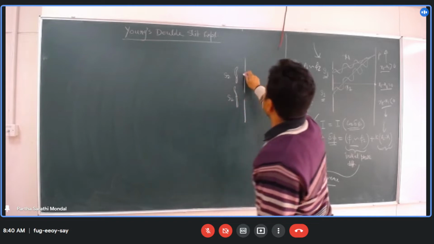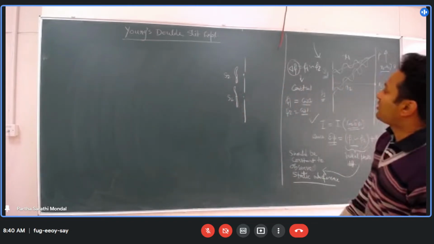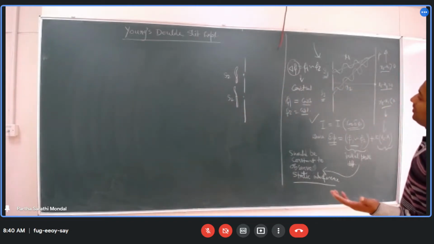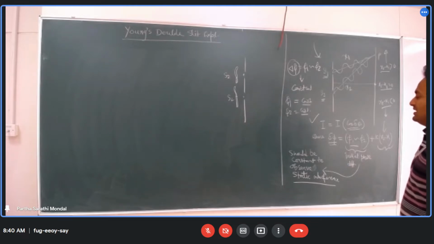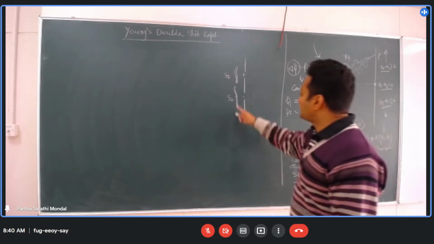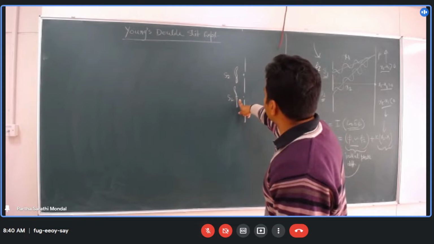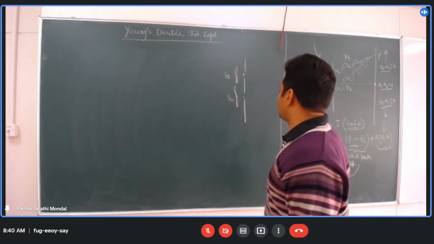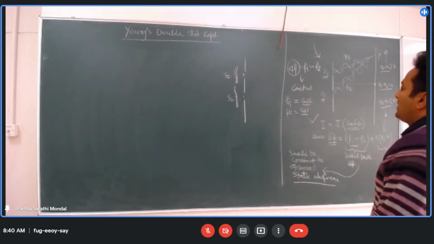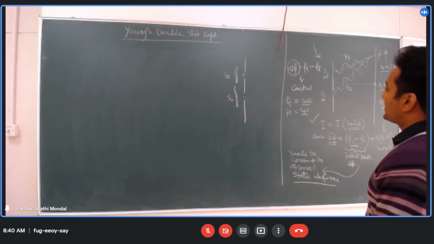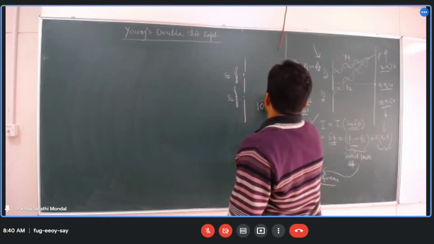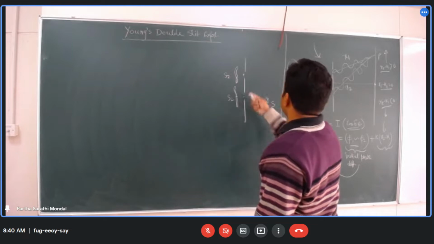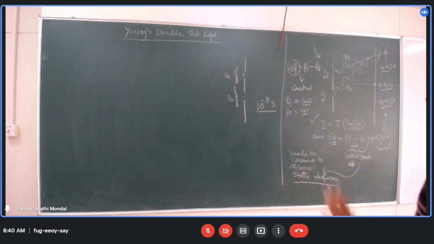If you use two independent sources, they cannot be coherent sources, because the origin of light emission from a candle or any incandescent source is atomic, and there is a time gap of about 10 to the power minus 8 second between two pulses.